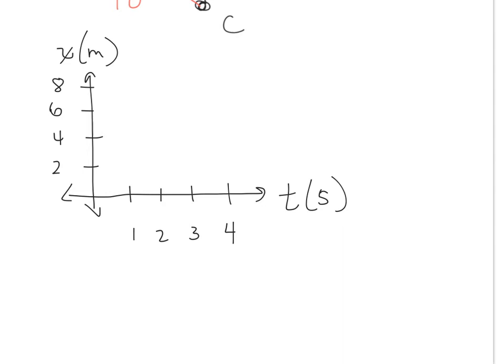And let's go ahead and label some points on this graph. Let's say we're starting here, and we go here, here, and here. Okay, and we'll say there's our linear function representing the action of what's going on.